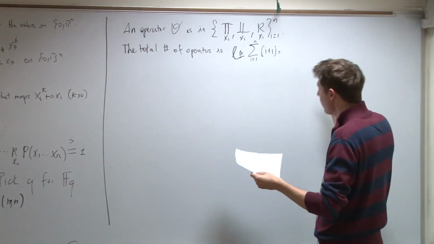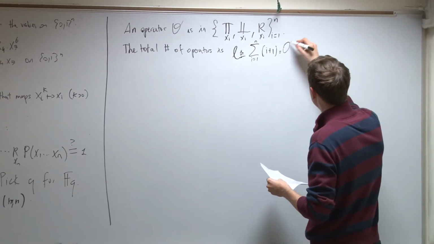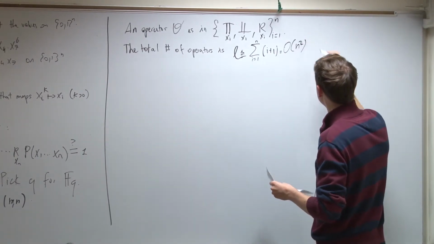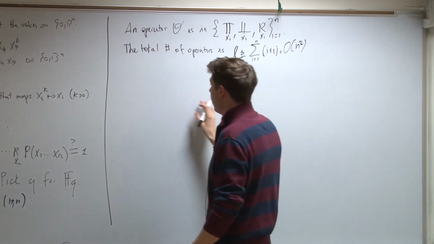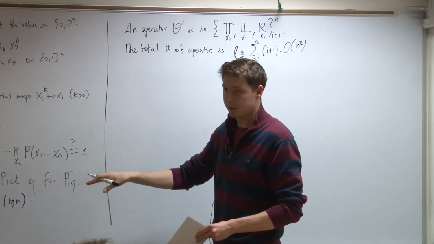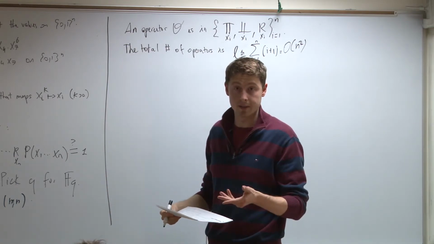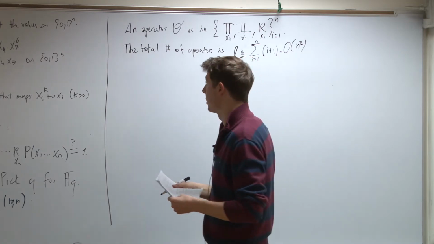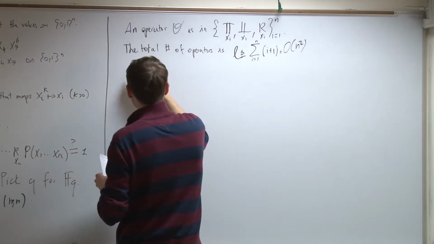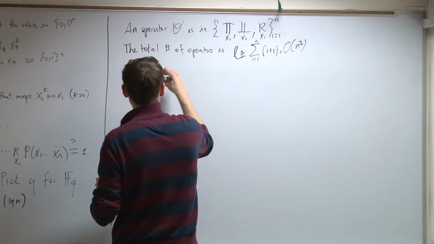But either way, the point is that it's order of n squared. That's important, by the way, that we don't have too many rounds, not just for that, but also because it will affect our soundness later. We'll have some soundness loss at every round, so that tells us how we pick Q.